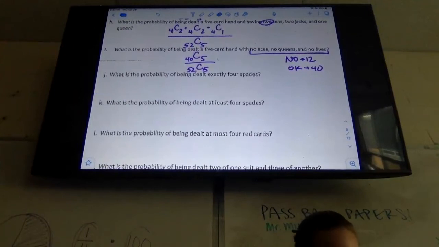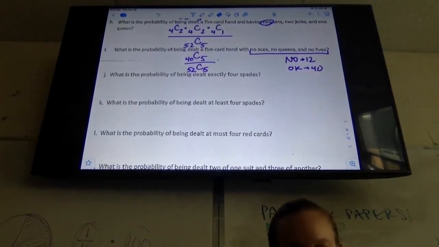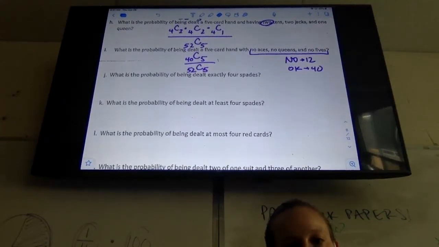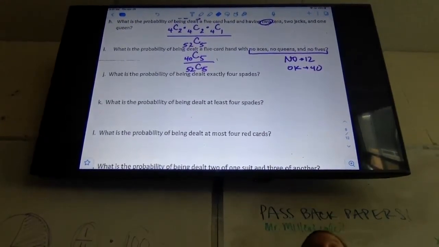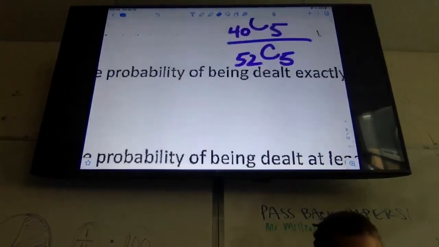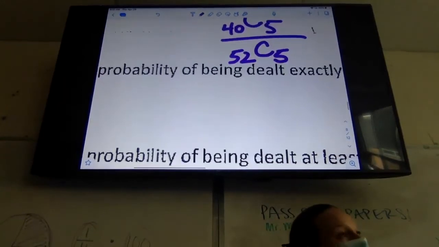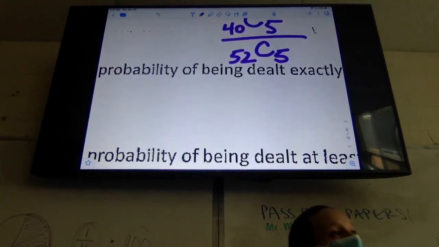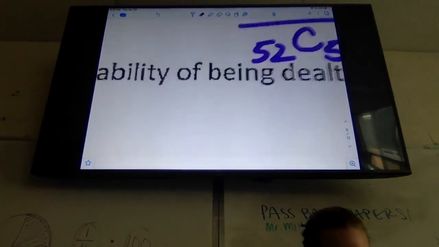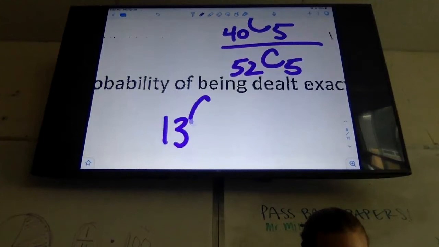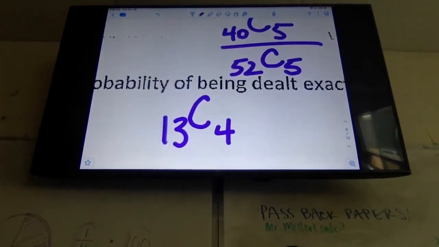All right, what's the probability of being dealt exactly 4 spades? How many spades are there? 13. Spades is a suit, and there are 13 of each suit, so I want 4 of them. Am I done?